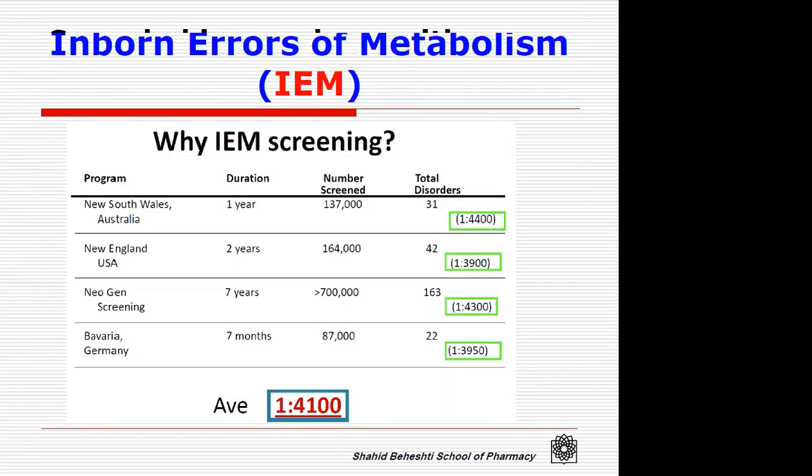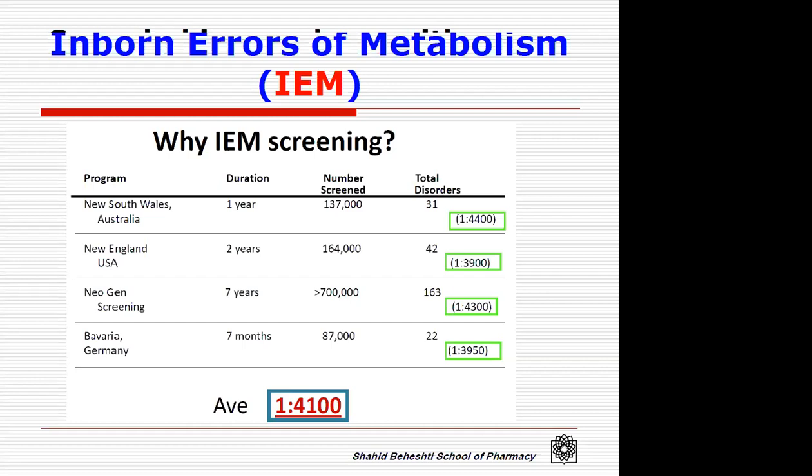Yeah, this is a statistic about the prevalence of metabolic disorders for a few countries, for instance, the United States and Germany. If I want to give you an average number for the prevalence of this type of metabolic disorder, it is 1 in 4,000 babies.